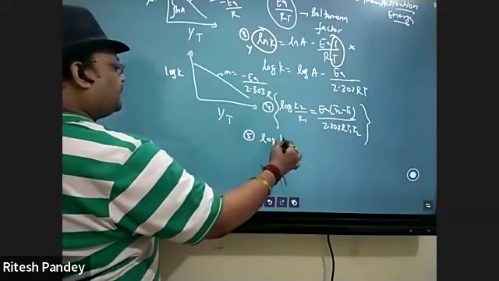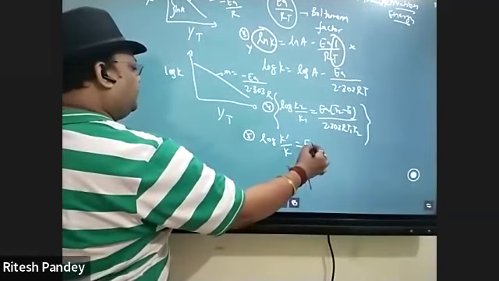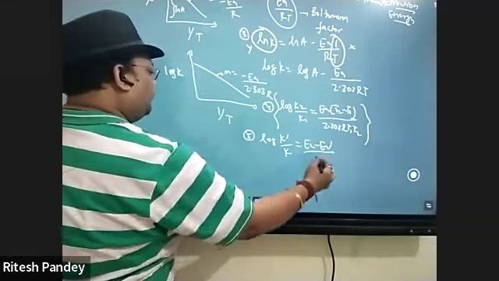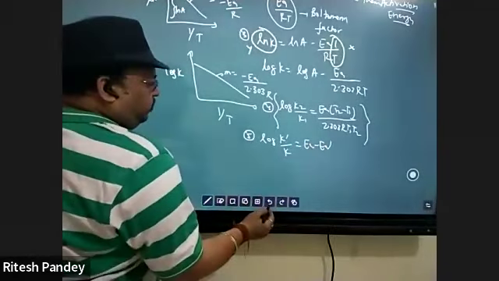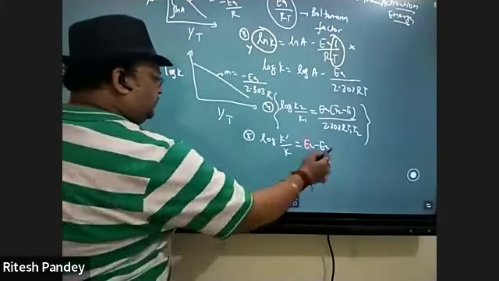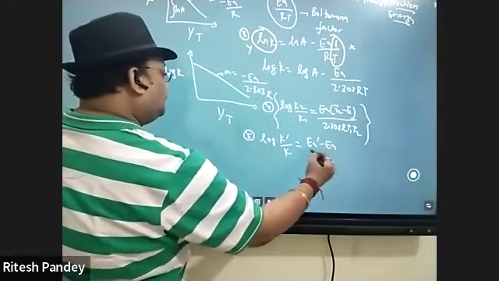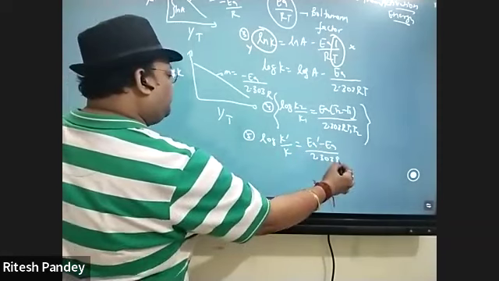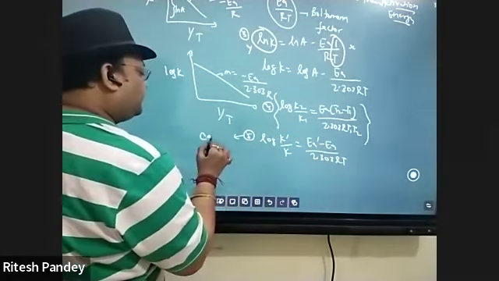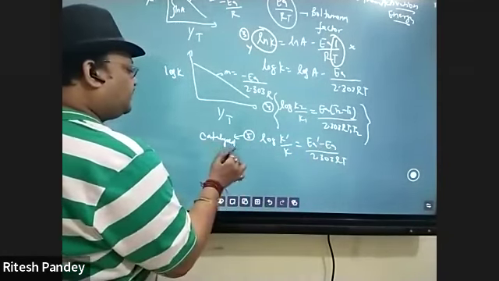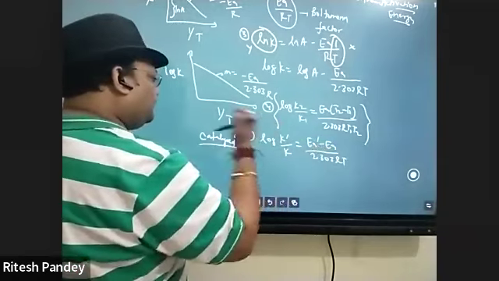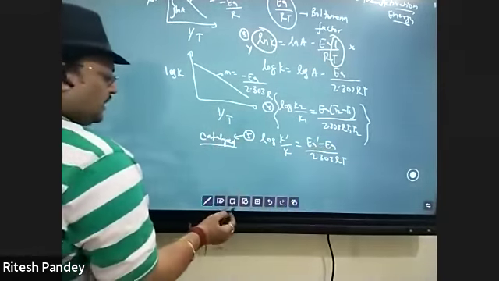And for a catalyst, log K prime by K is equal to EA minus EA prime, rather, EA minus EA prime upon 2.303 RT is when you have a process which is catalyzed. The prime values are using a catalyst.